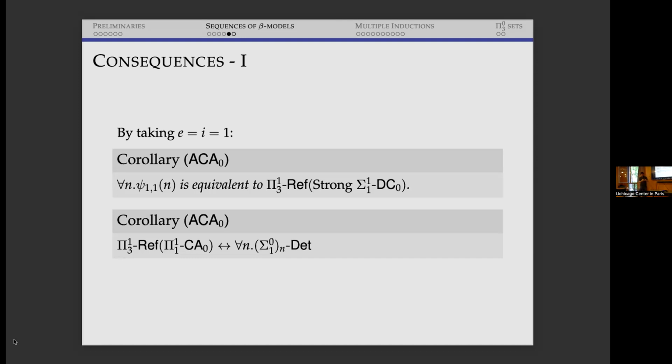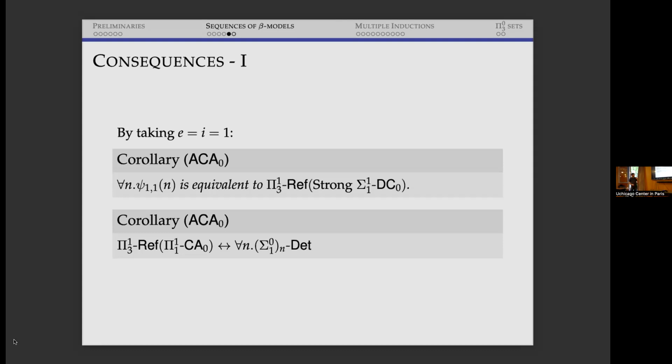And arbitrarily long sequences of beta models is the same as saying arbitrarily long hyperjumps, and we had before that this is going to be equivalent to the difference of open sets on the pair space.